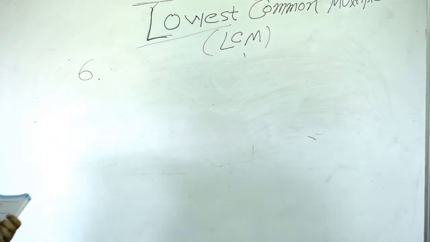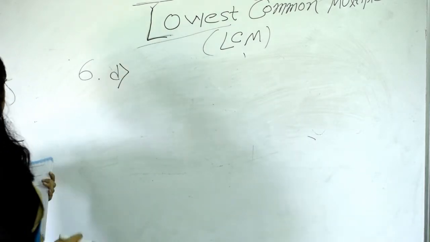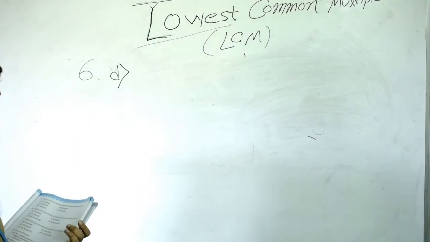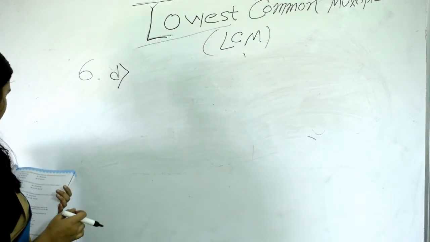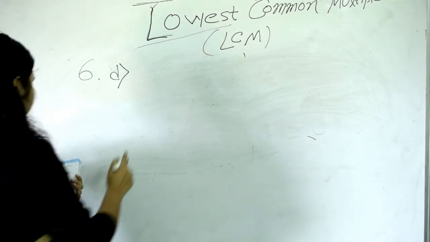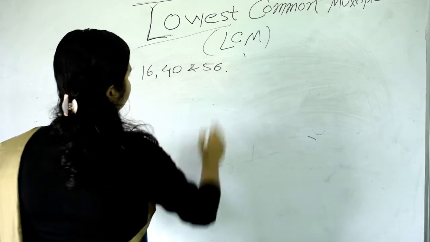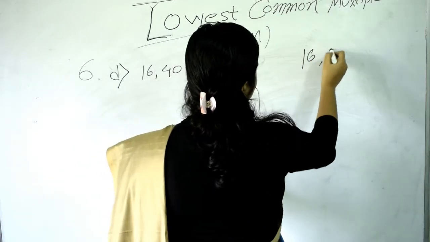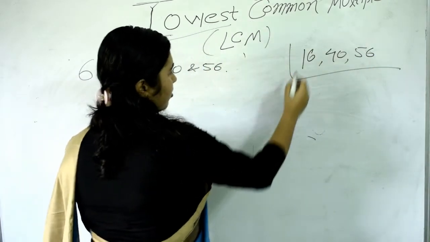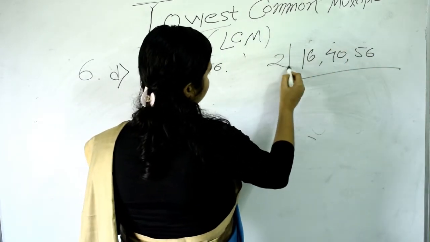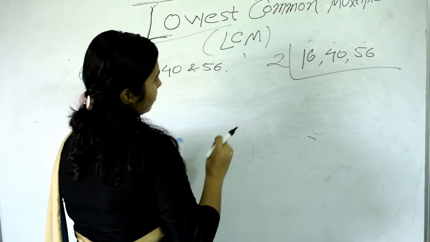Now come to your question number 6 and take question D. Here also you have to find the least common multiple of 16, 40 and 56 by the common division method. So take 16, 40 and 56. All are even numbers, so 2 is the common factor.